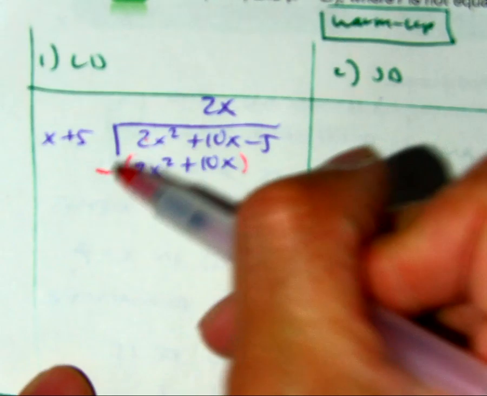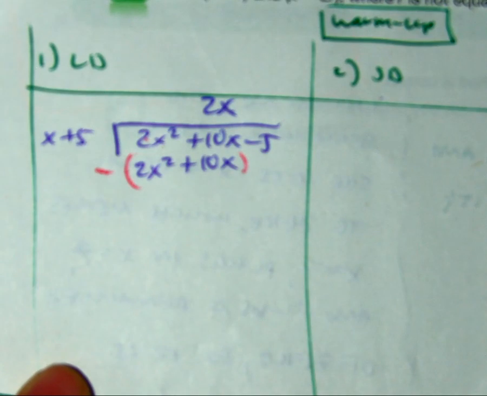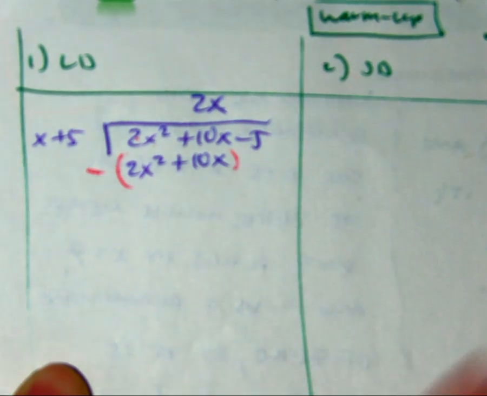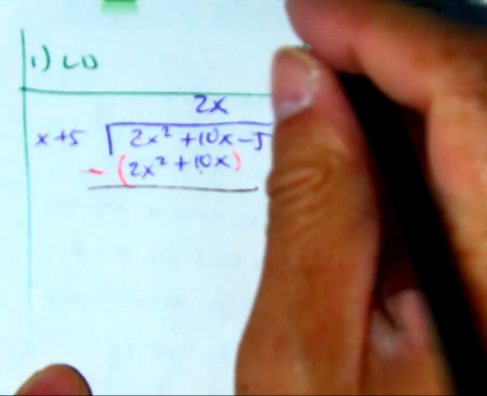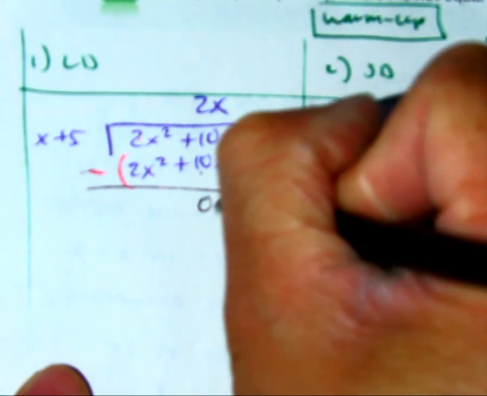So 2 minus 2 is what? Jocelyn? And 10 minus 10. Yeah, you can do 0.